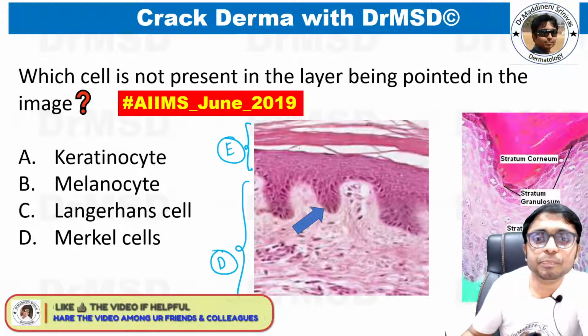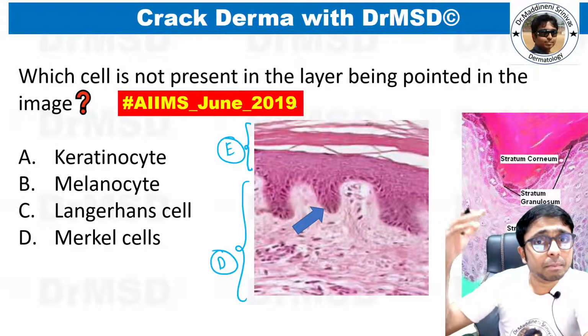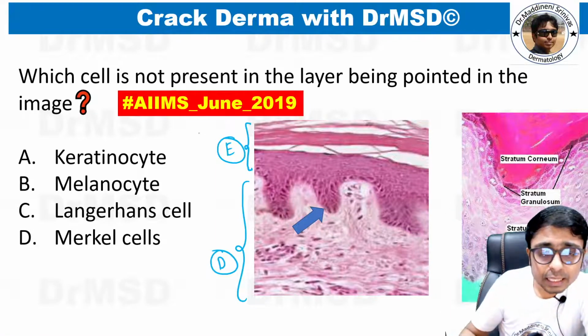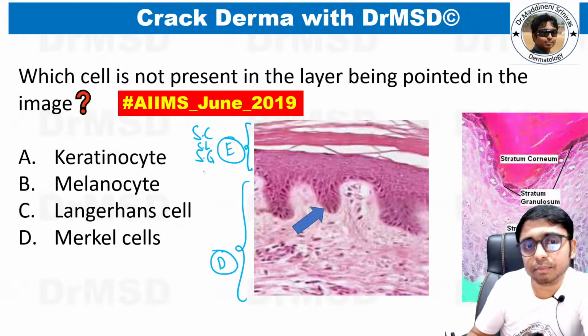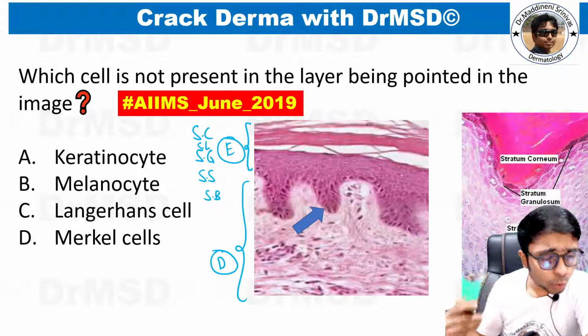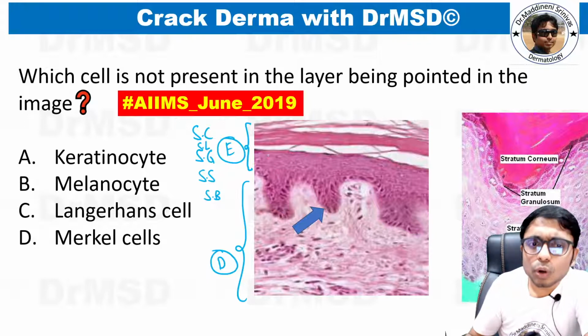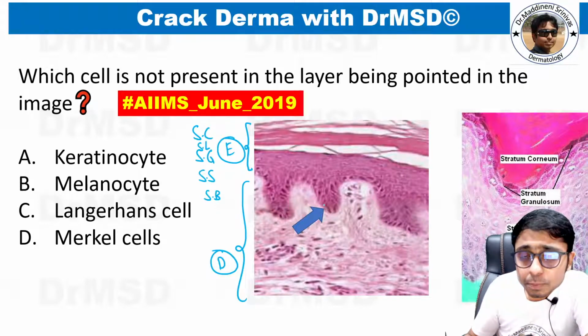In the epidermis, I hope all of you know the layers from superficial to deep: stratum corneum, stratum granulosum, of course stratum lucidum will be there, stratum spinosum and stratum basale. These are the layers from top to bottom. All these layers are in the epidermis, and this is the dermis.